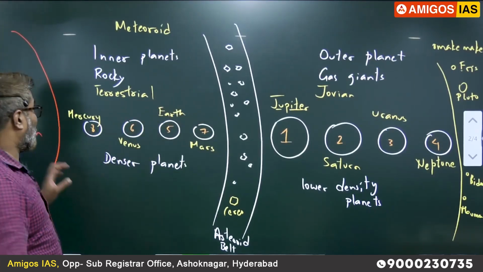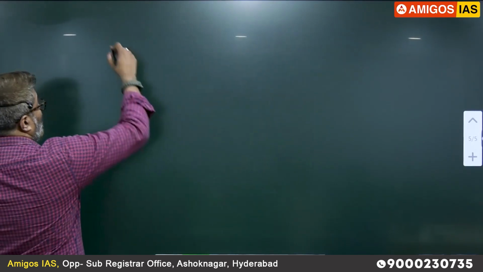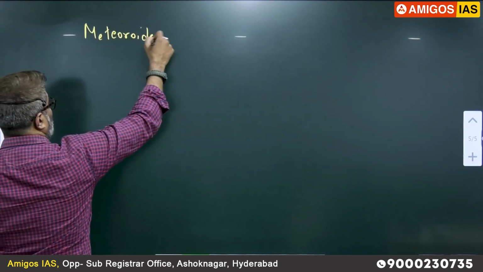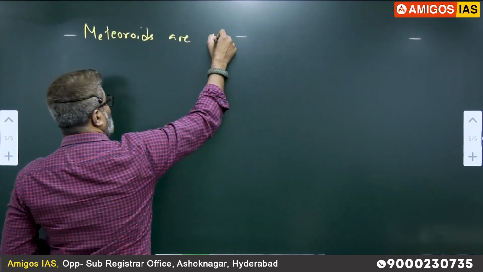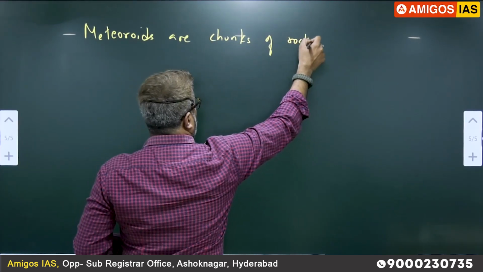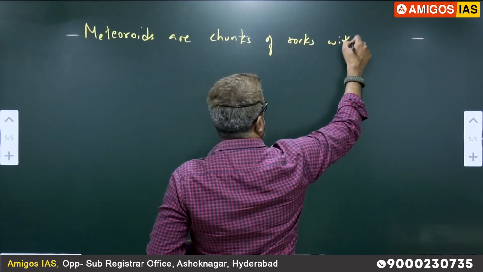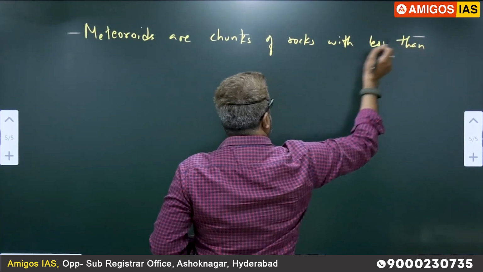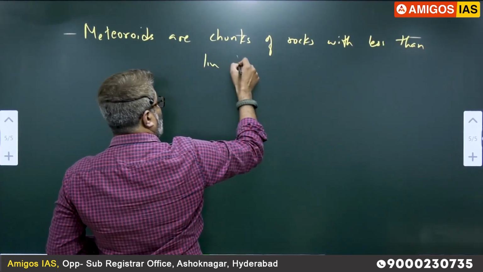Please write less than 1 meter diameter. I'll write here: meteoroids are chunks of rocks with less than 1 meter diameter.